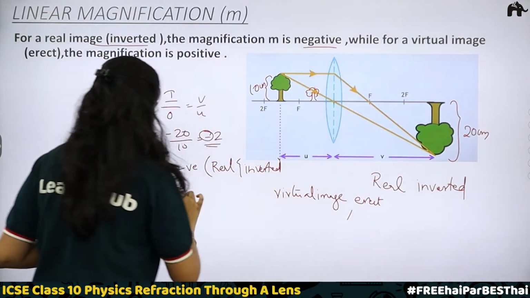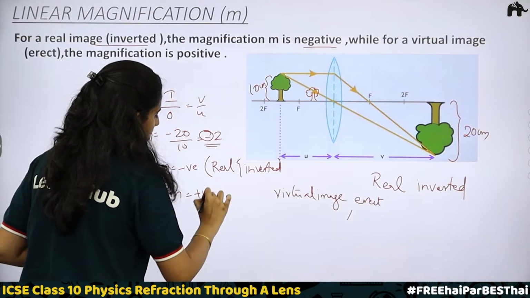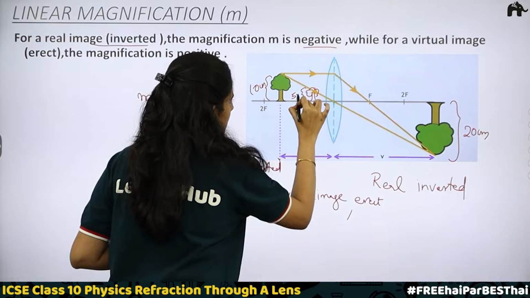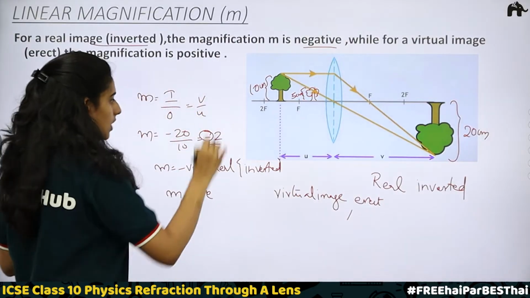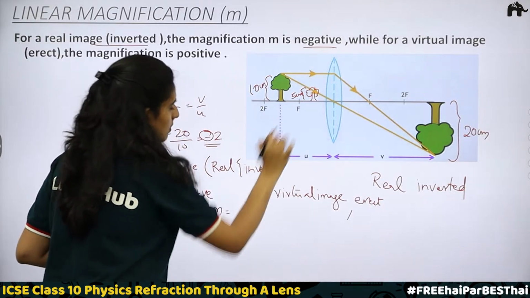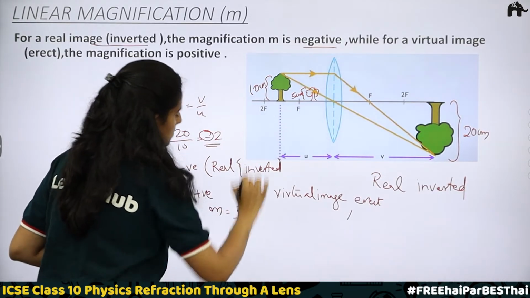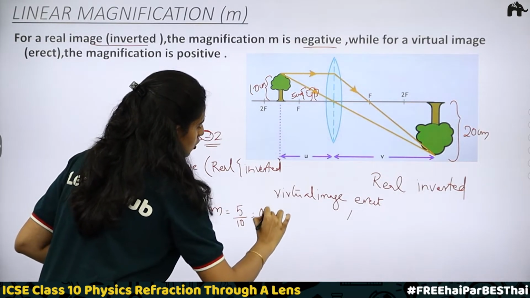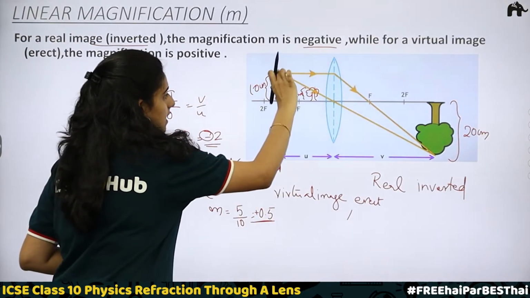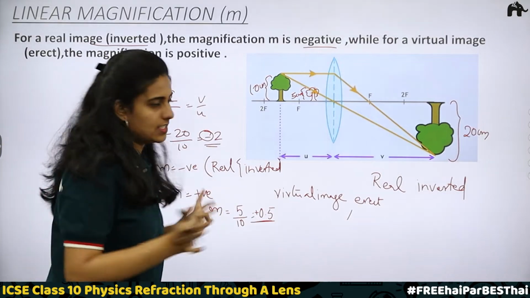In that case, the magnification value will be positive. Let's consider this of height 5 centimeter. In that case, magnification will be image height 5 divided by object height 10. You will be getting 0.5 and it is a positive value. Why? Because the object height and image height both are positive.